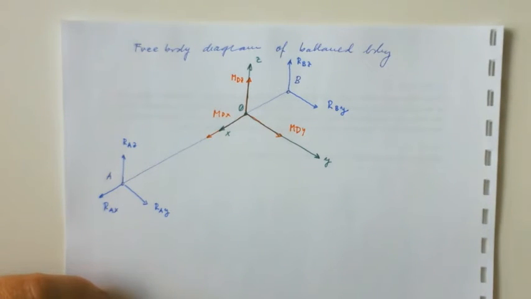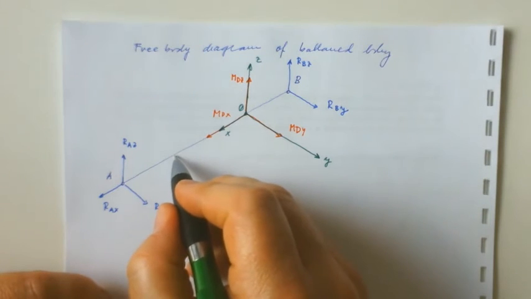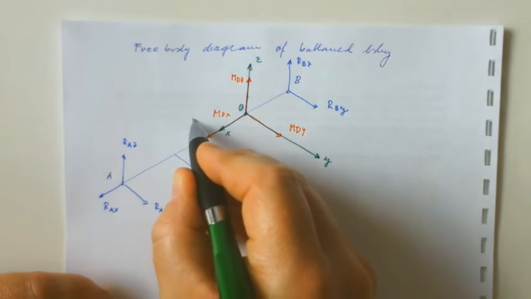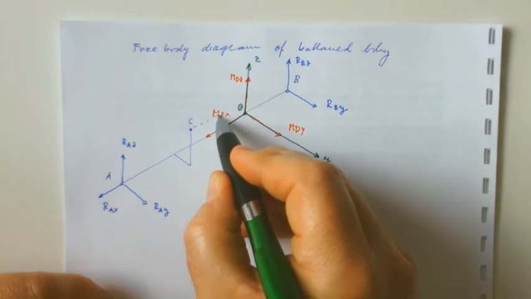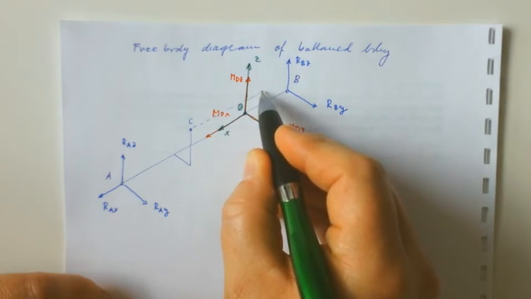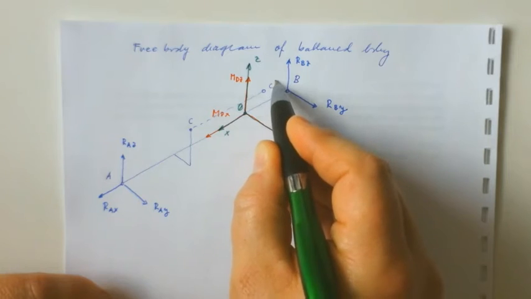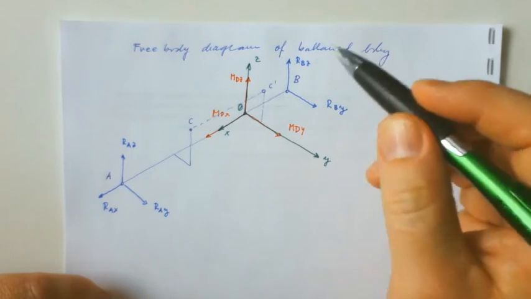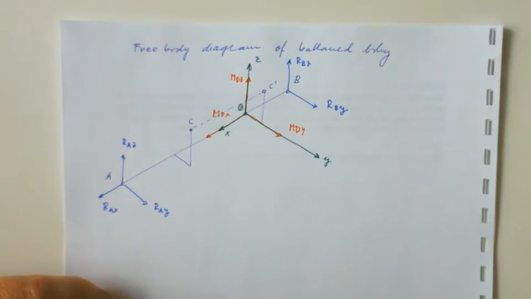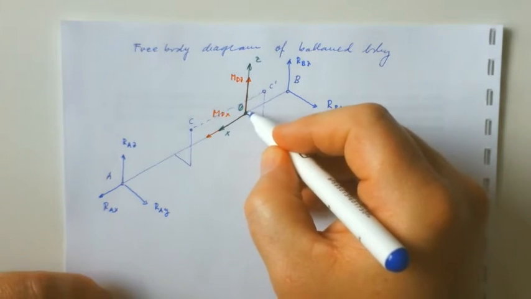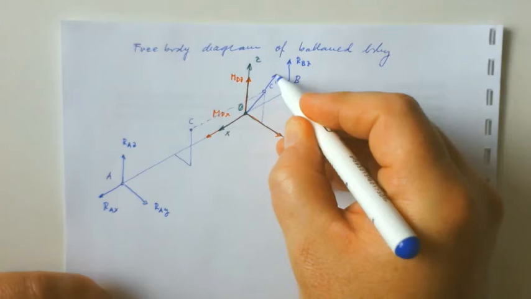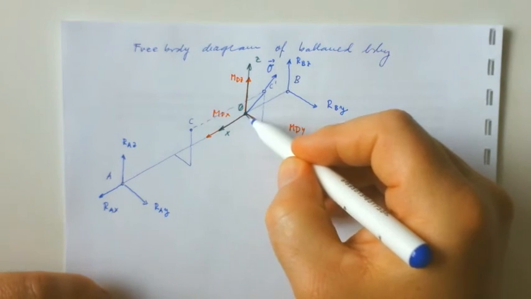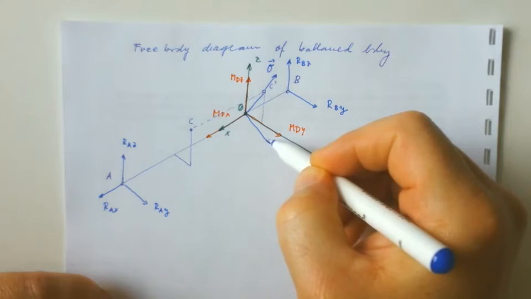And moreover, there is a center of mass C, so we look at the projection of the center of mass, and by this projection we lead O force and T force.